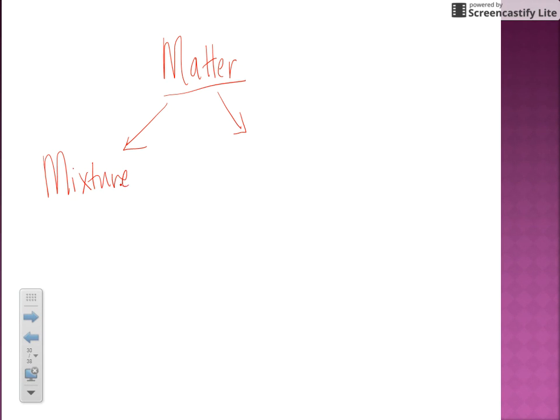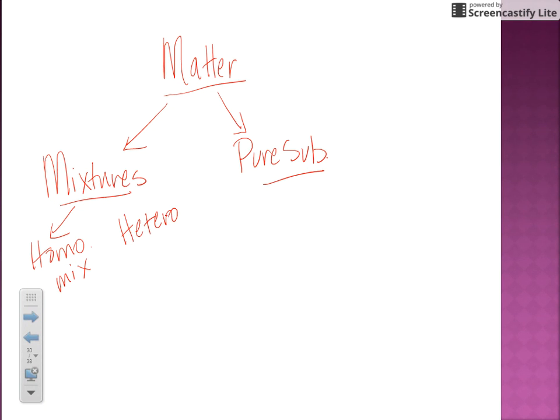So let's recap. Matter can be separated into two subcategories, mixtures and pure substances. Now the mixtures can be either homogeneous or they can be heterogeneous.